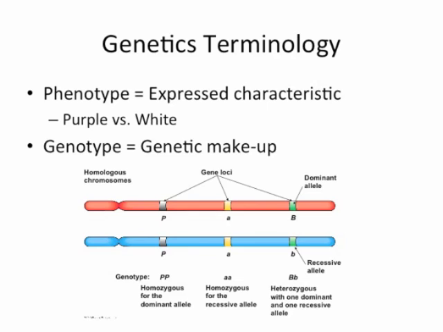If you have 2 of the same, so purple, purple, or white, white, this is called homozygous. So the prefix homo means same, zygous is the same genetic makeup. And if it has 1 of each, it's called heterozygous.